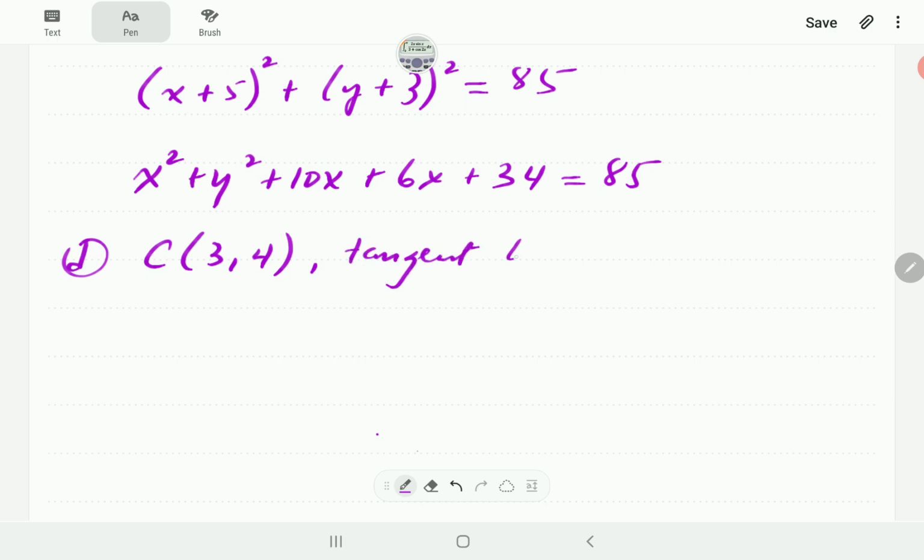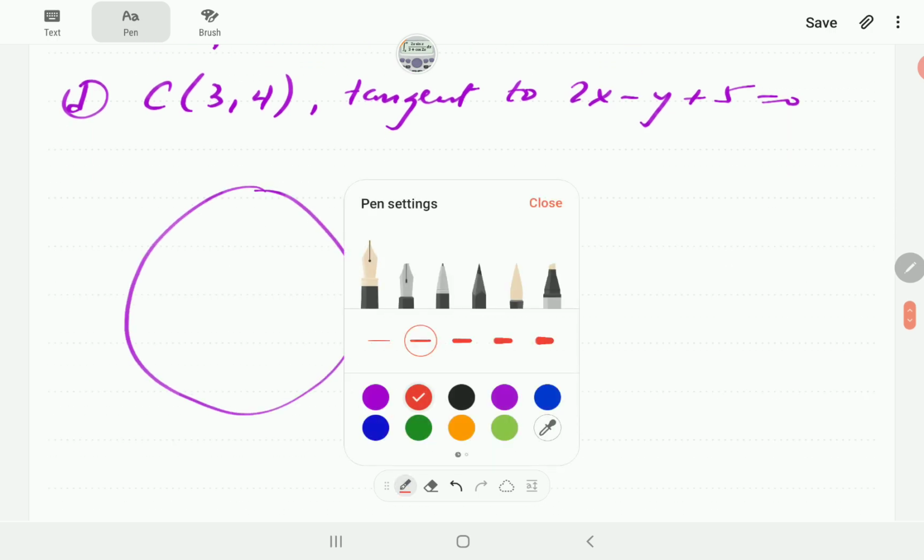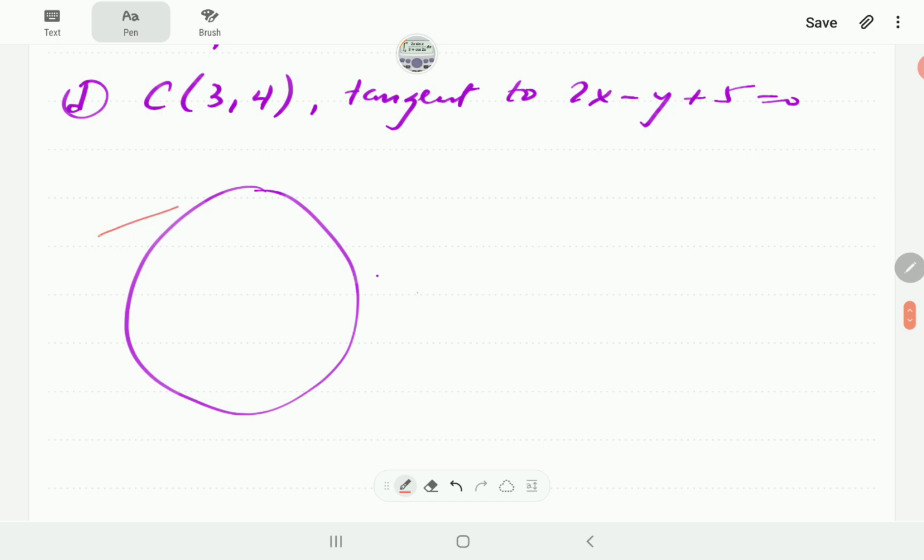It's tangent to the line 2x minus y plus 5 equal to 0. So again, the simple sketch is going to help us work this out.